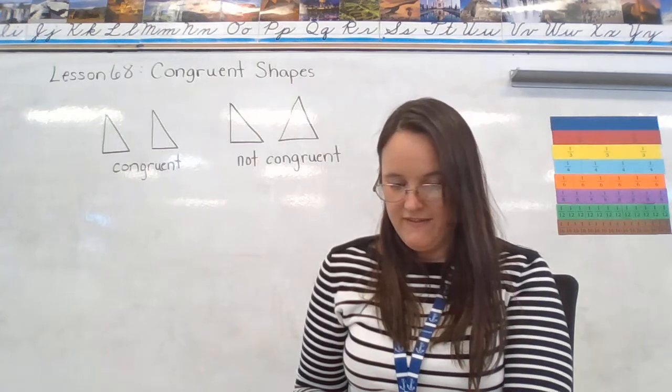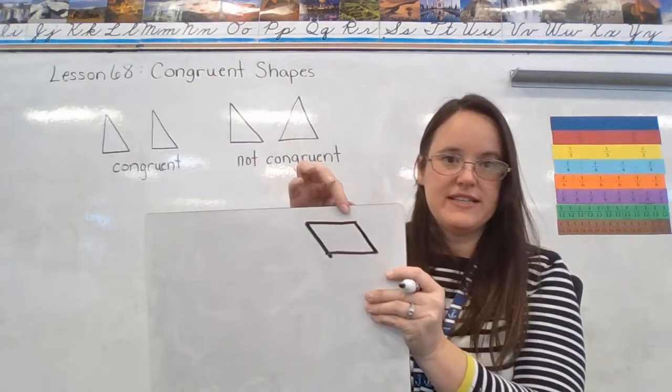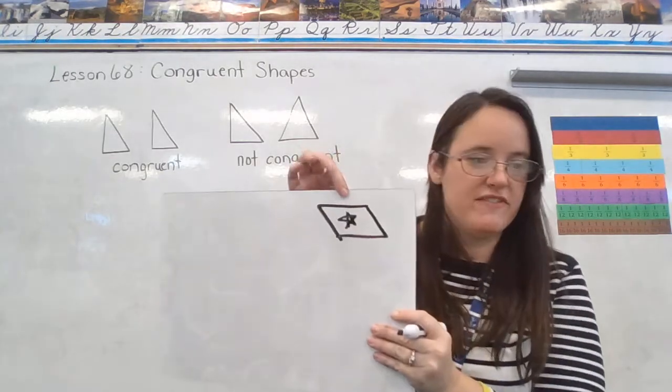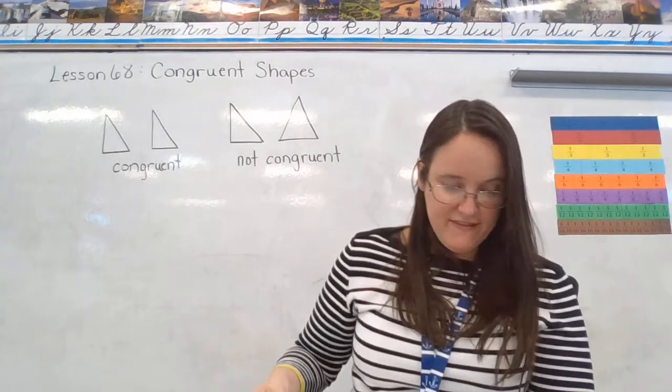So the next type of example says, which parallelogram is not congruent to the parallelogram shown? So this is our example parallelogram. I'll put a little star in it to show this is the one we want to find congruent parallelograms to. So then they have choices.